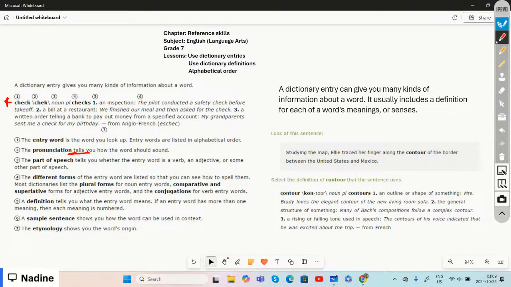So if the word is chick, the plural form is chicks, because we just add an S to show that there's more than one. And then we have our dictionary meanings of that specific word. Sometimes a word will only have one meaning, but there are times when you'll have one specific word with maybe three meanings. So you need to write down all those meanings.